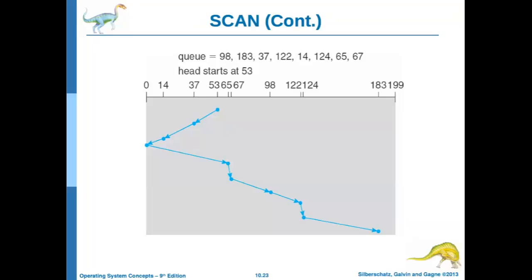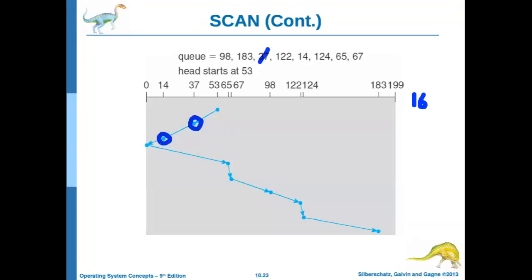Right? So 53 minus 37. Total movement required is 16. So this 37 is serviced. Next is definitely the 14.